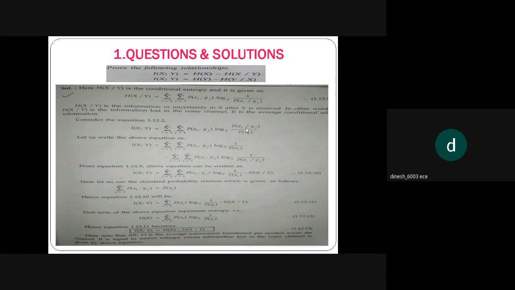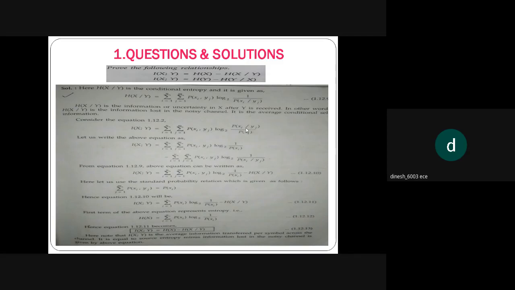Okay, so which can be written as I of x is to y is equal to summation i is equal to 1 to n, summation j is equal to 1 to m, probability of xi comma yj log to the base 2 of 1 divided by probability of xi, minus summation i is equal to 1 to n, summation j is equal to 1 to m, probability of xi comma yj log to the base 2 of 1 divided by probability of xi by yj.